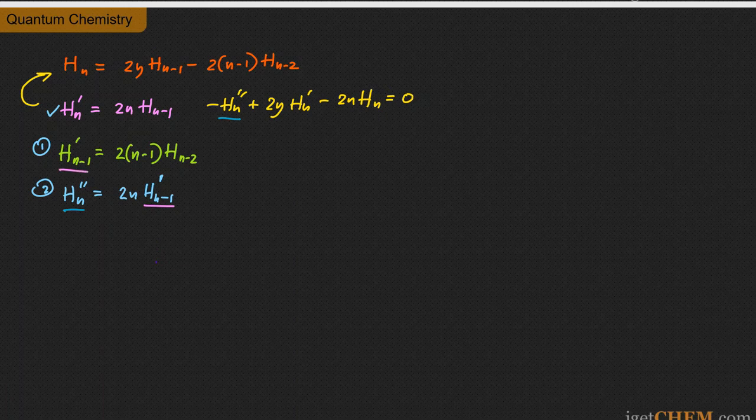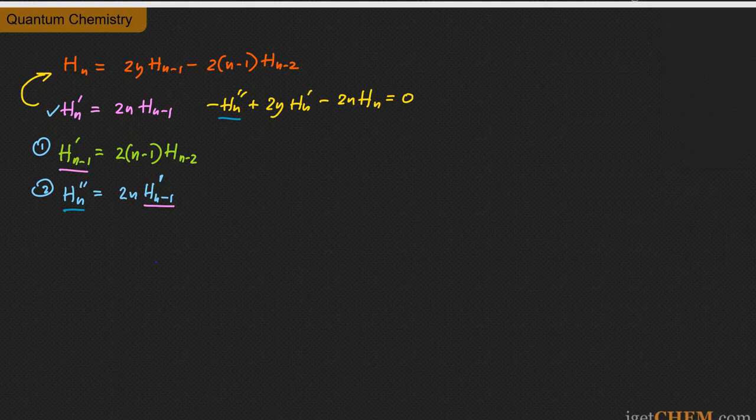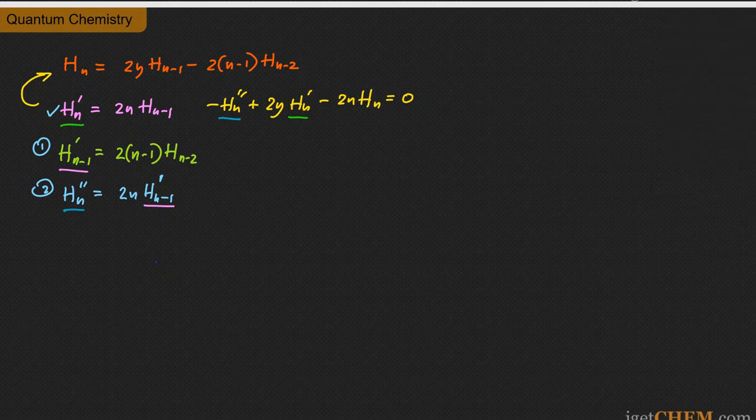And back in this yellow equation, we have this H_n prime, but the H_n prime is given by that one. And we then can put all of these back in. So let me write everything back in. So again, H_n double prime is equal to 2n H_{n-1} prime, which is equal to 2 times (n-1) H_{n-2}.